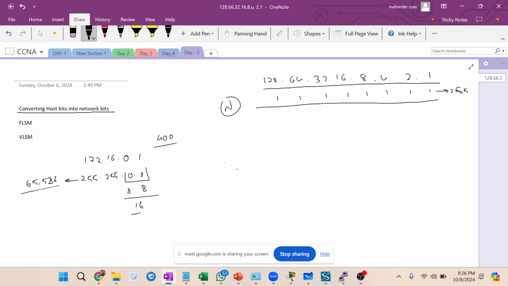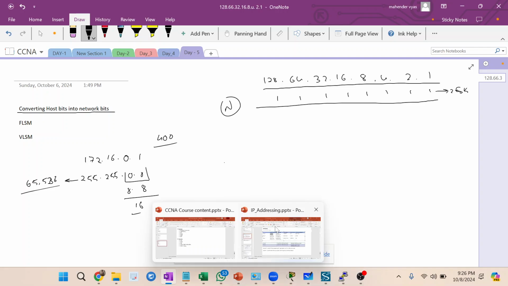2 to the power of 16. One minute, let's see if I have the power of two table.